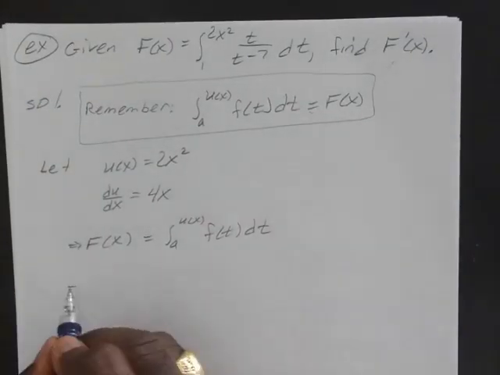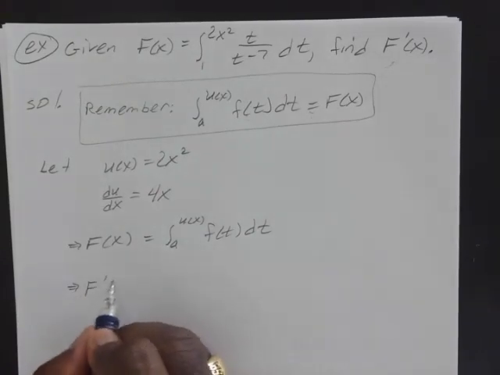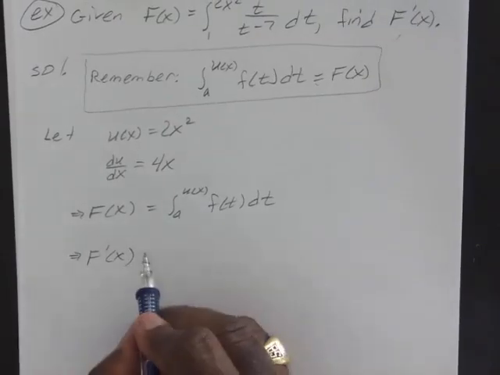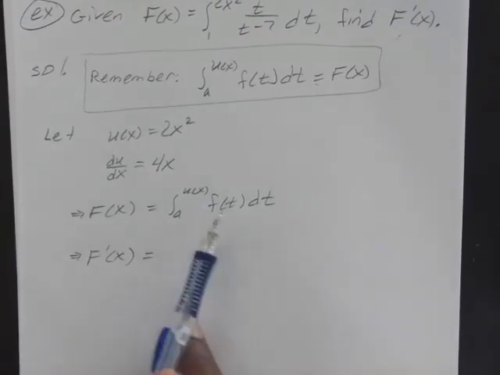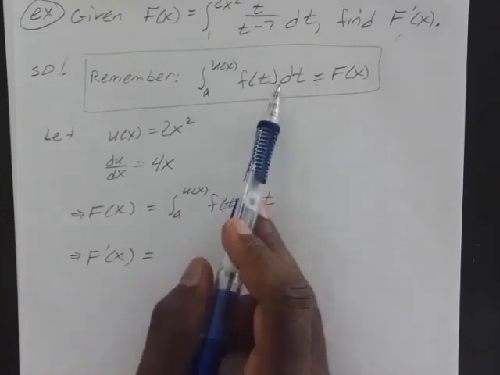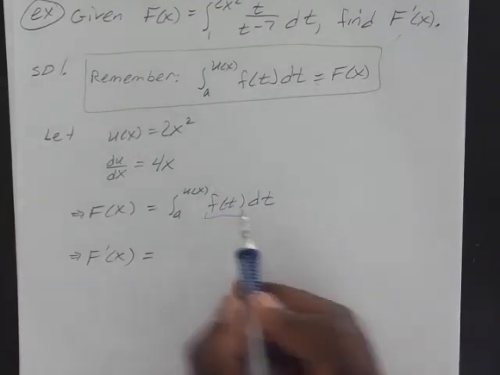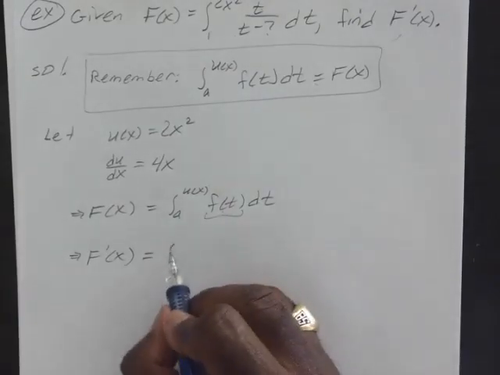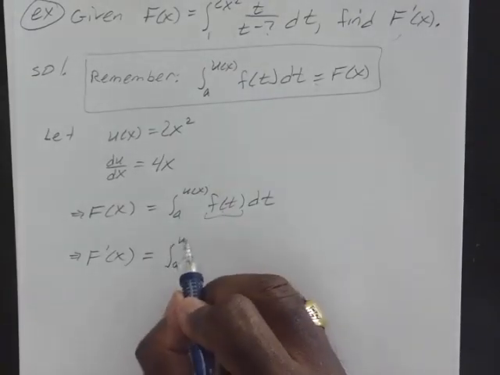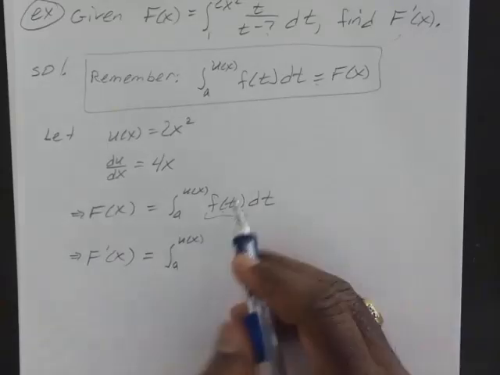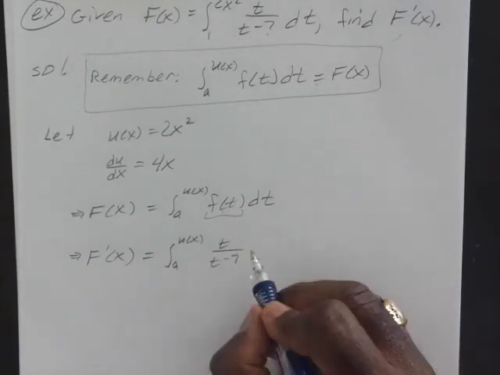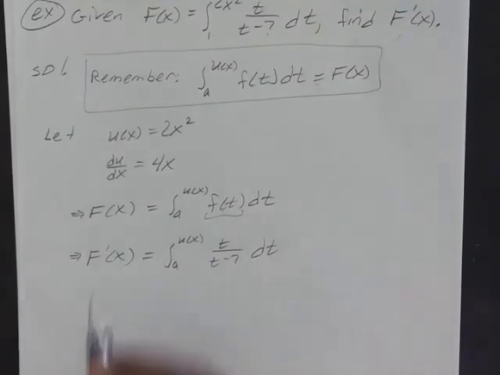But since we're trying to find the derivative, remember that's just going to equal your f of x, where your f of x is just your f of t, where it's t over t minus 7. So that's the integral from a to u of x of your t divided by t minus 7 with respect to t.